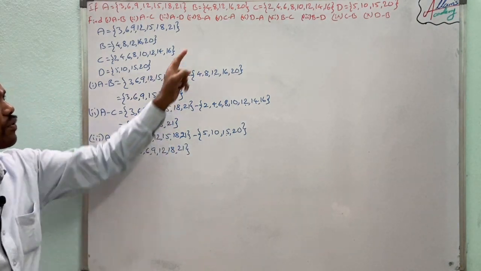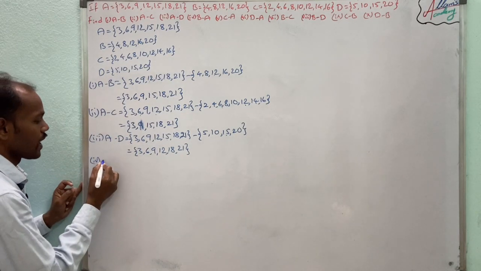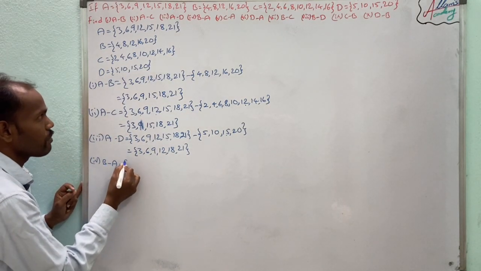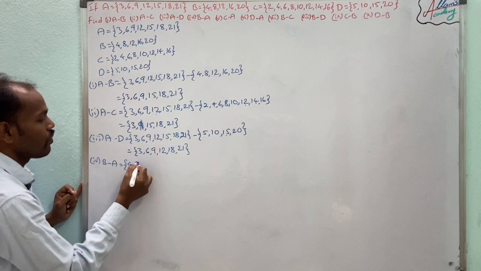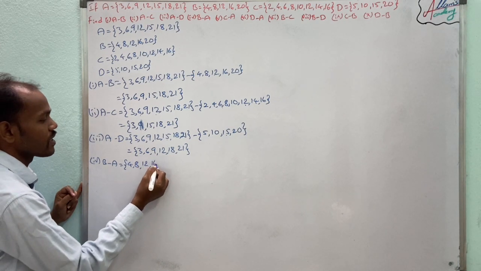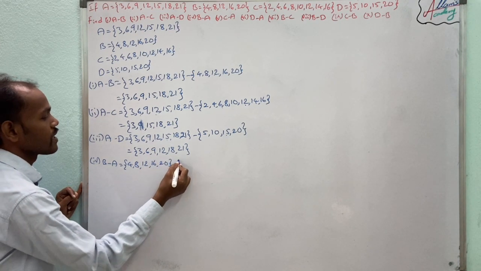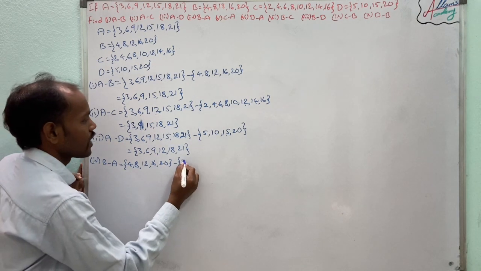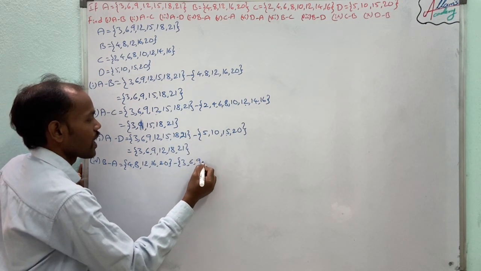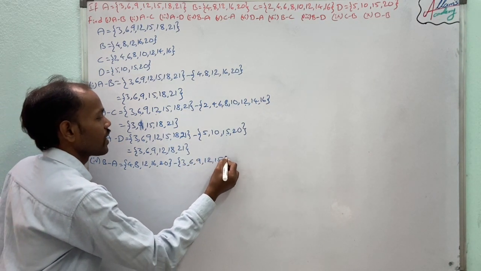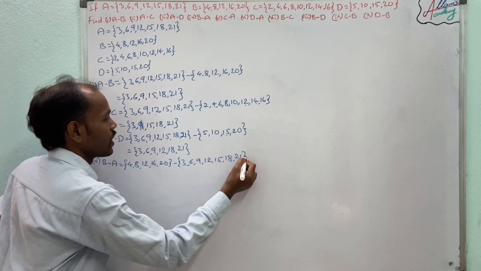Now we see the fourth problem, B minus A. So B minus A equals 4, 8, 12, 16, 20 minus the set A, 3, 6, 9, 12, 15, 18 and 21.